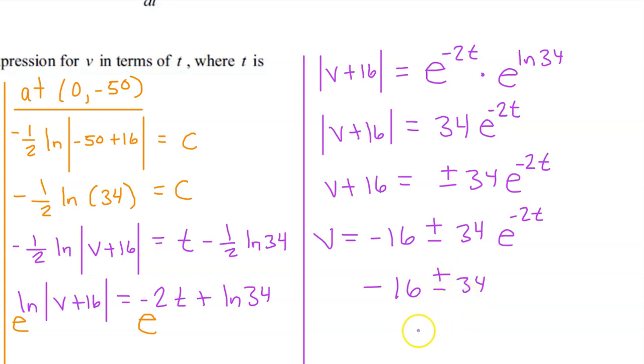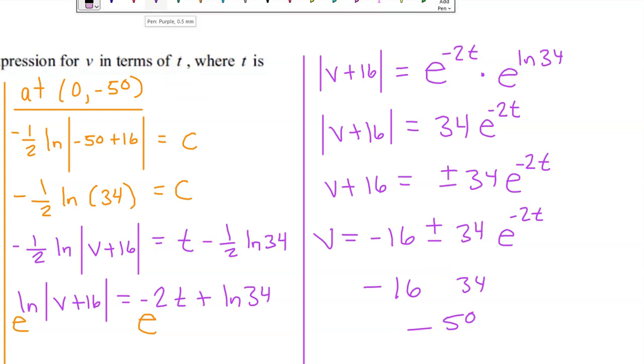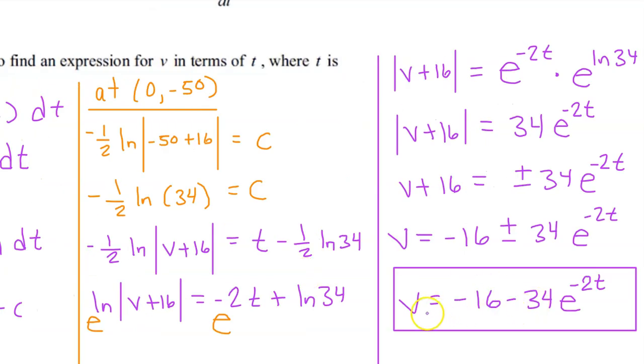We need the result to be negative 50. To make the negative 50, we need minus 34 here instead of plus 34. So that's how we know to use the negative version of this solution. So this is the solution to the differential equation that satisfies the initial condition. One more time, please do not try to combine these together.